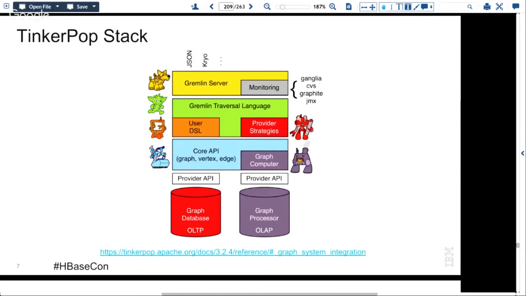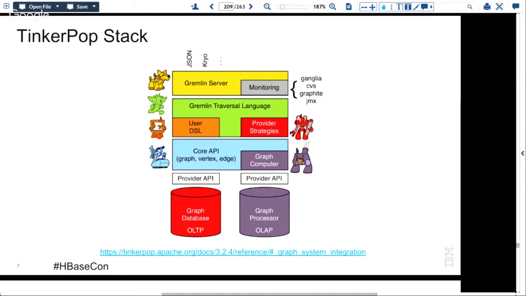The TinkerPop stack contains a large amount of different pieces, which makes it really great for contributions. So at the top, we got a server, we got the traversal language, which I talked about, the core API for the graph structure. Then at the very bottom is the key pieces of differentiation between a graph database for OLTP type of traversals and the graph processor for OLAP.